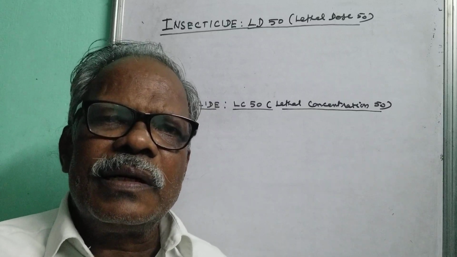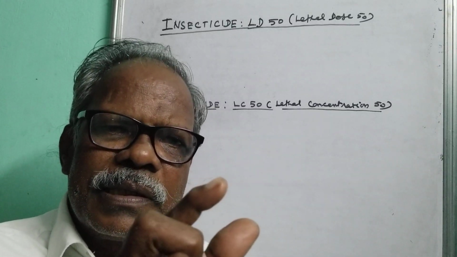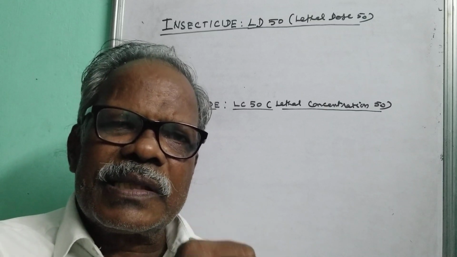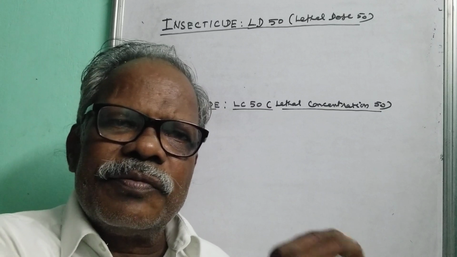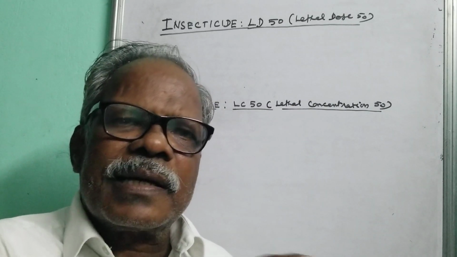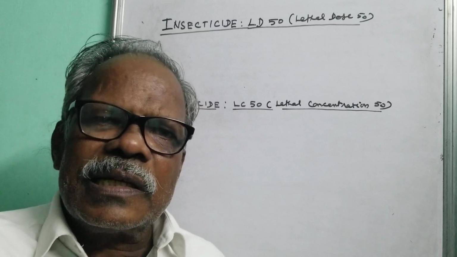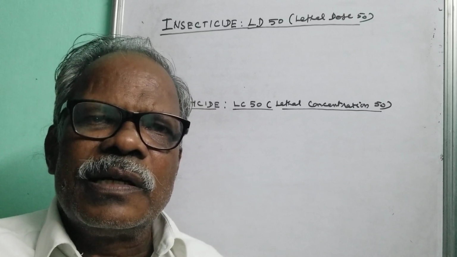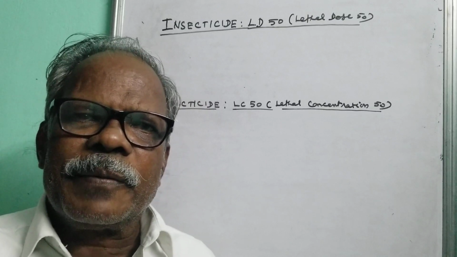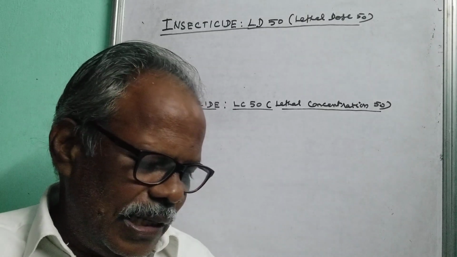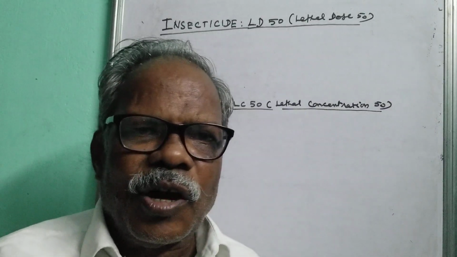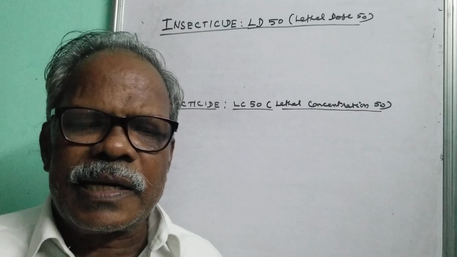Say for example, 100 Tribolium are put in a test tube and plugged with cotton, and whenever we spray the chemical, at least 50% of the insects killed should be obtained. That is called LD50. So the LD50 value is expressed on the basis of active ingredients. How much active ingredient is added?